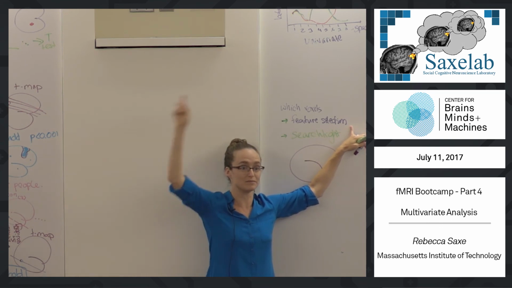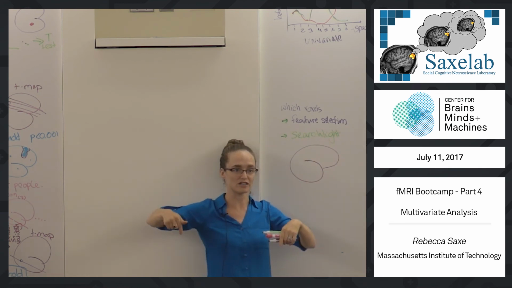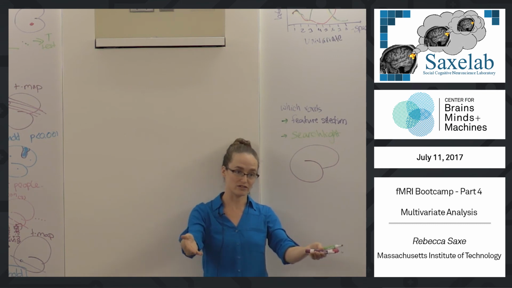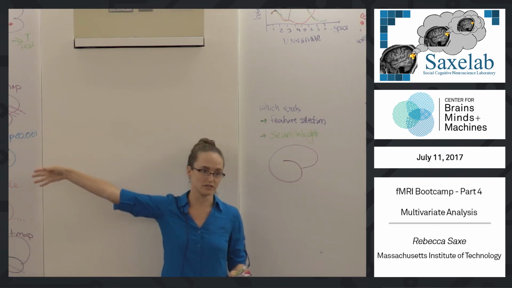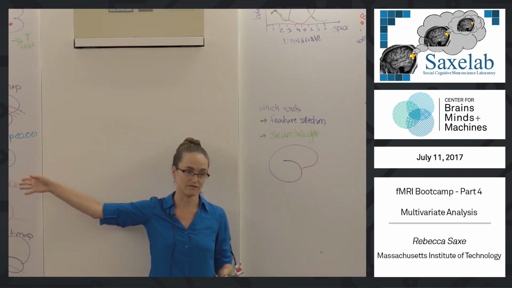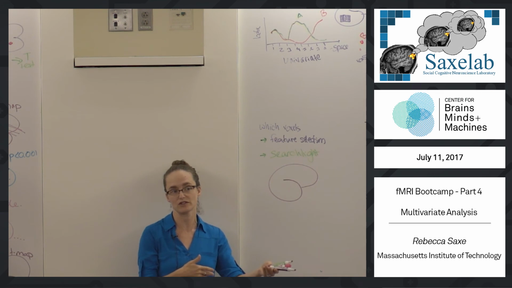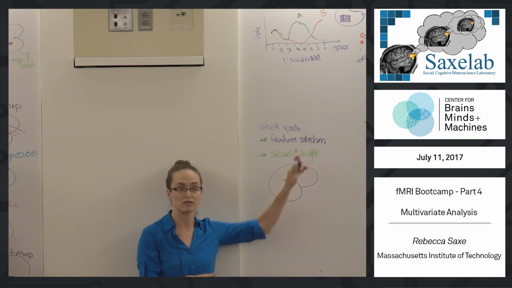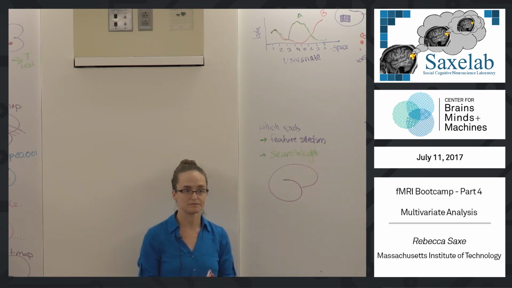So now voxels became features, right? And so the choice of which voxels you were analyzing is the feature selection question. And you can still use all the same old tools that we used to use for selecting features, but now you can use new tools as well. So there's other ways of doing feature selection that we didn't used to do that you can do now, on top of all the old ways.